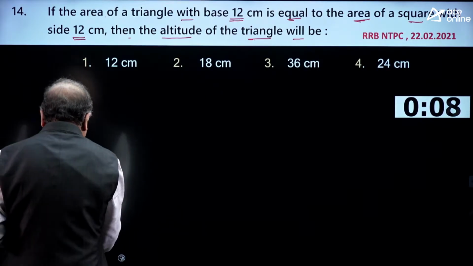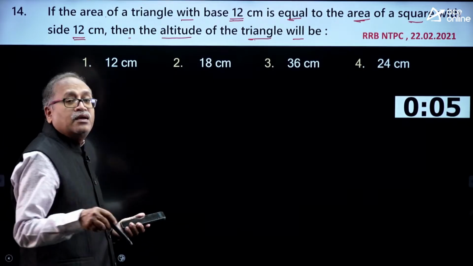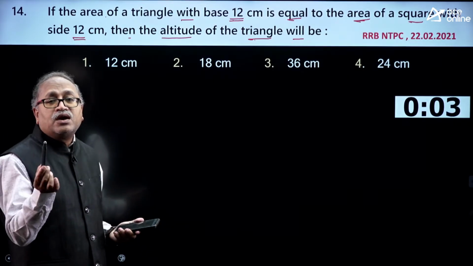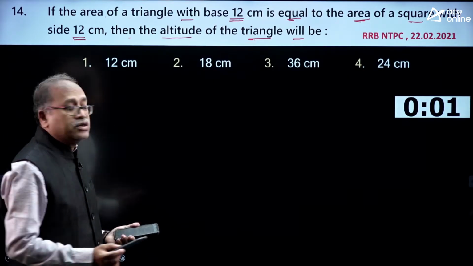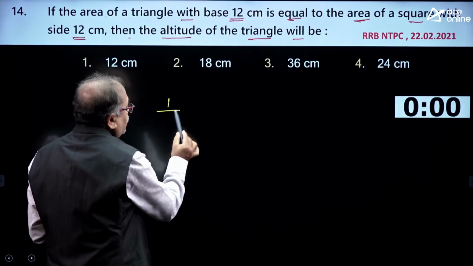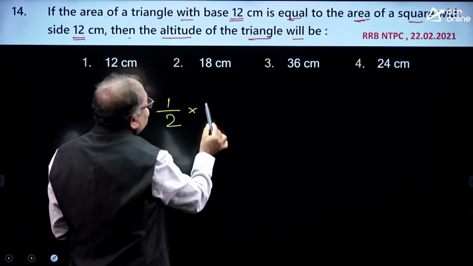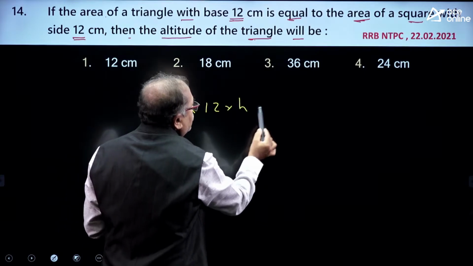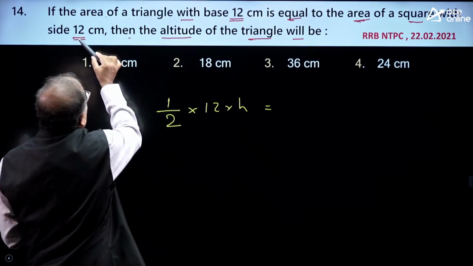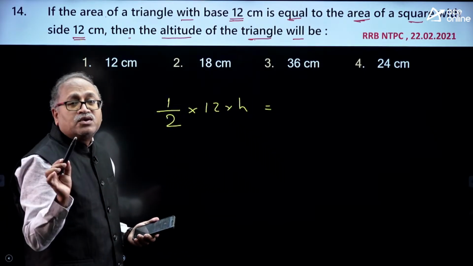What actually I have to do, if I answer the question, is half of base into height. I am putting that formula over here. Half of base, the base is 12, into height, which is equal to the area of the square, which is 12.